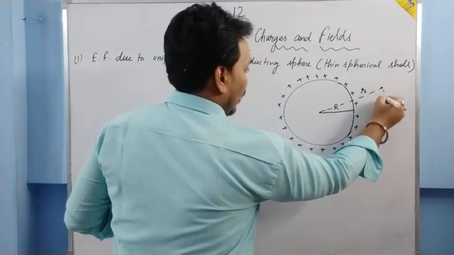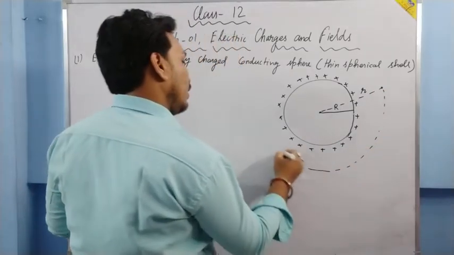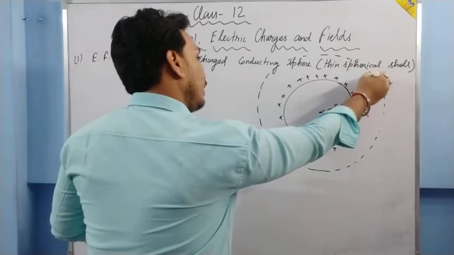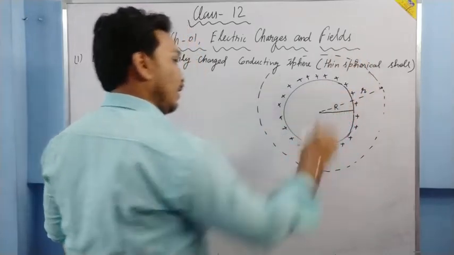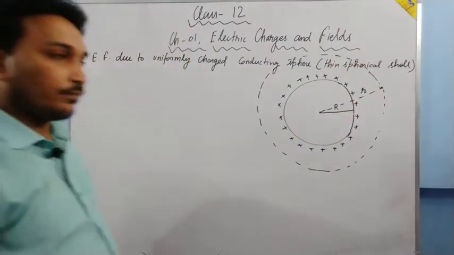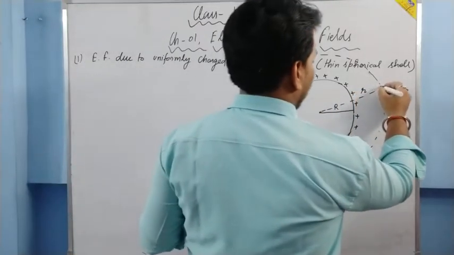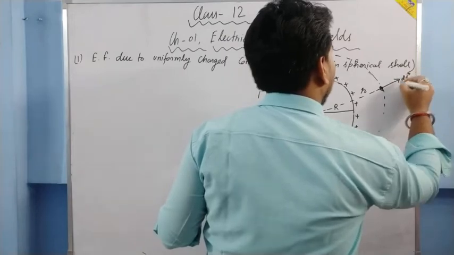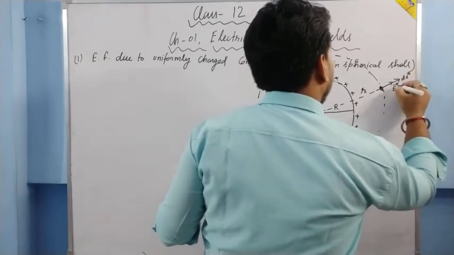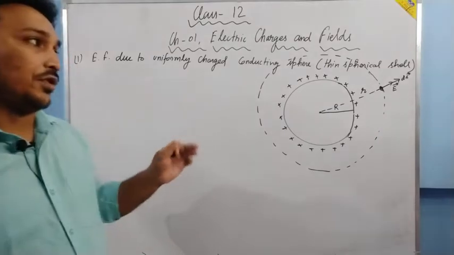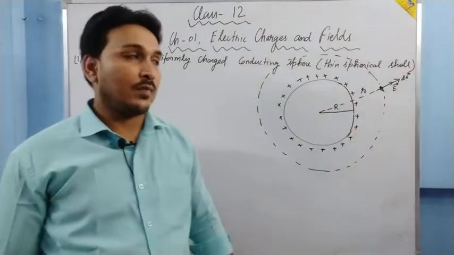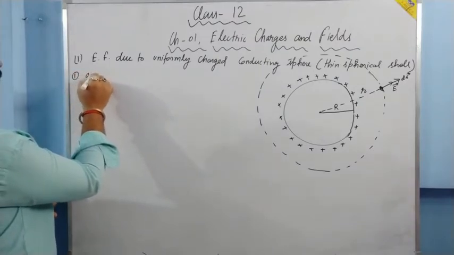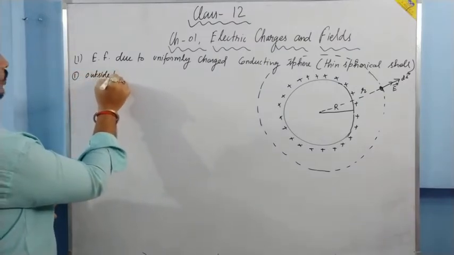Now containing this point, we draw a Gaussian surface, which is obviously going to be in the shape of a sphere only. At this point, if we take an area element, the direction of the area element will be towards outside, and the direction of electric field will be in this direction only, because from positive charge the electric field is away.